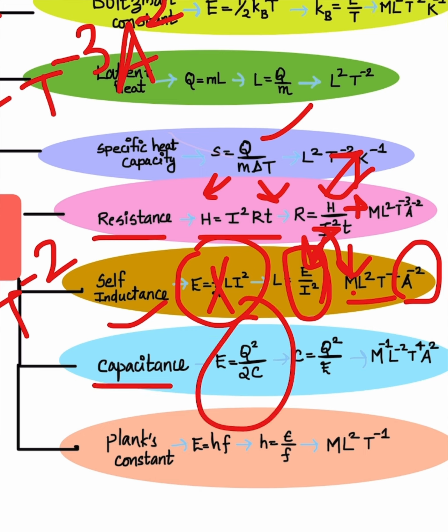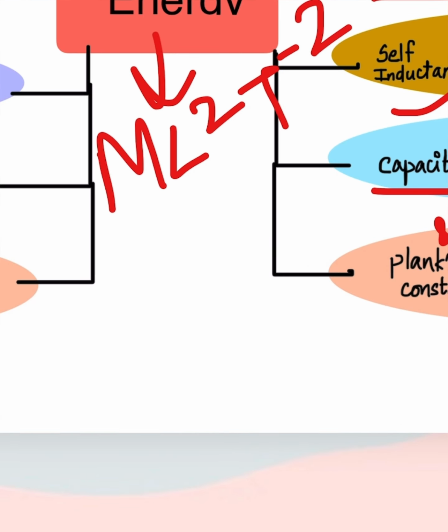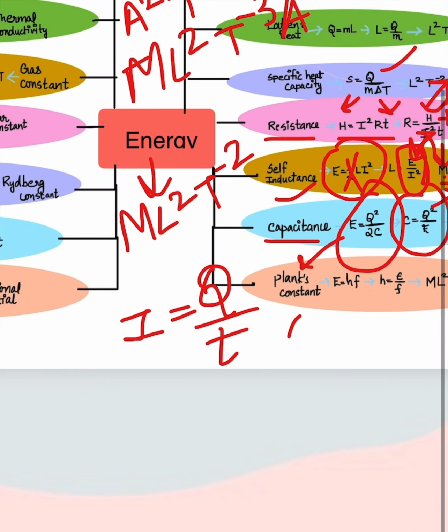Capacitance: the energy stored in a capacitor is equal to Q² divided by 2C. C is equal to Q² divided by E. Q is the charge. Current is equal to Q divided by T, that is, current is the charge flowing per second.